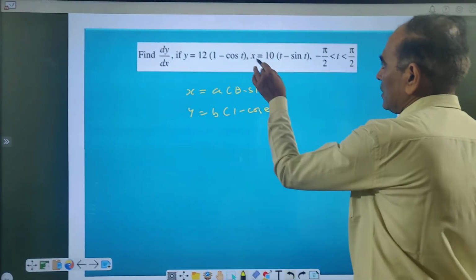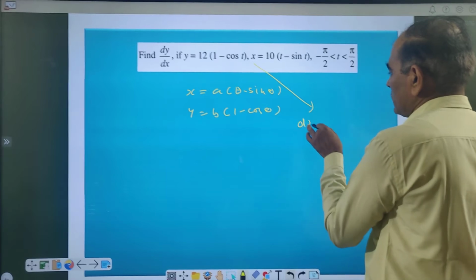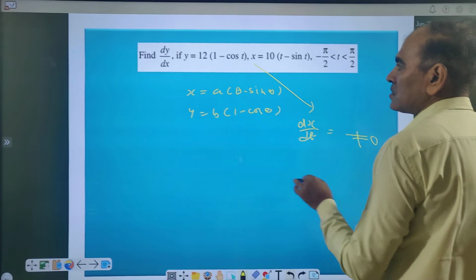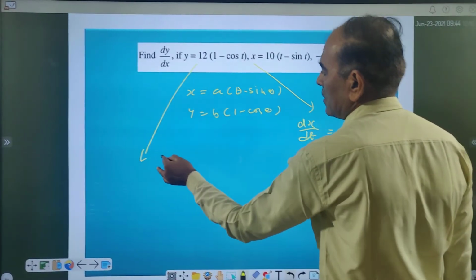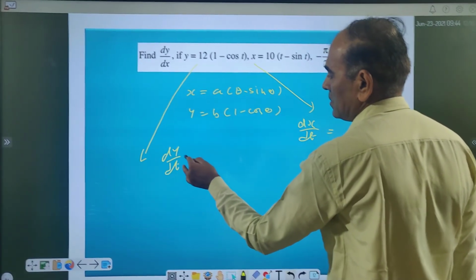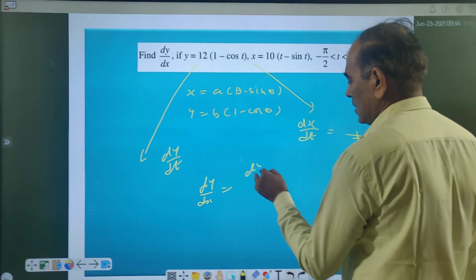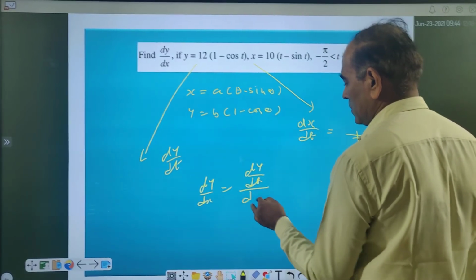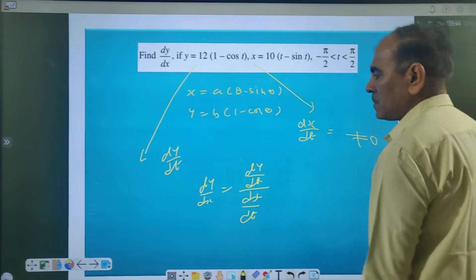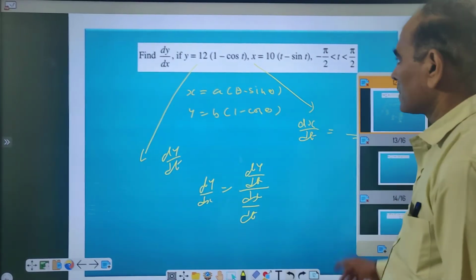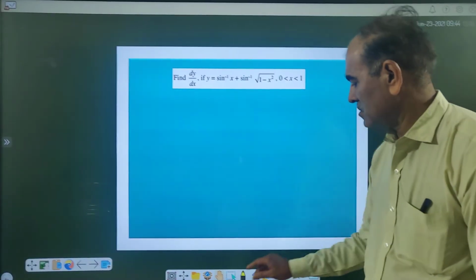So here you are going to find dx by dt, which may be said to be not equal to 0. From here you can find dy by dt. Then what is dy by dx? dy by dt upon dx by dt. It is parametric form, so it is very easy. You can solve it, so I am leaving it for you. Next.